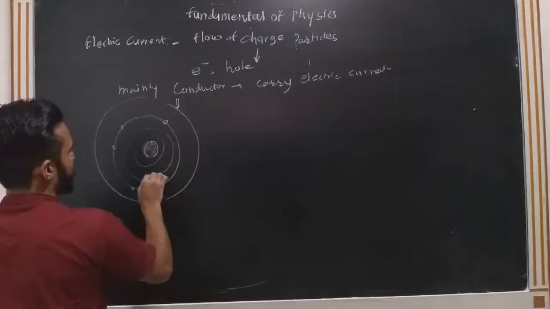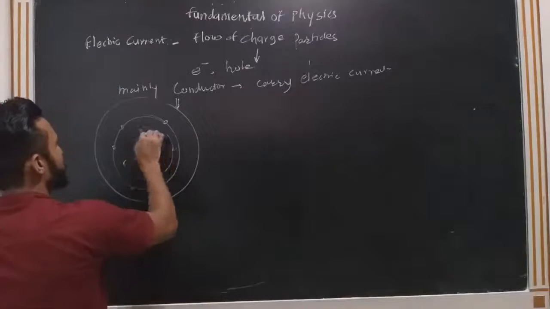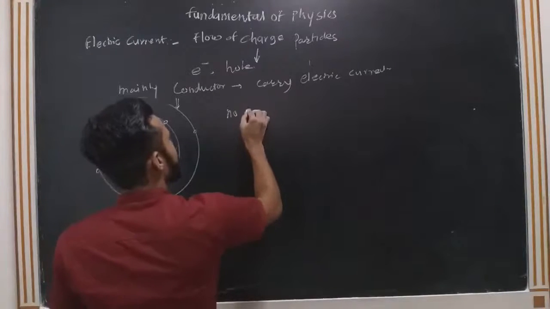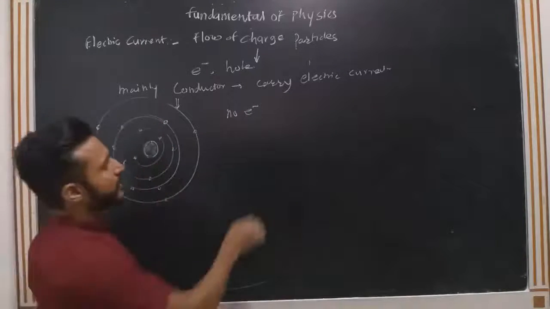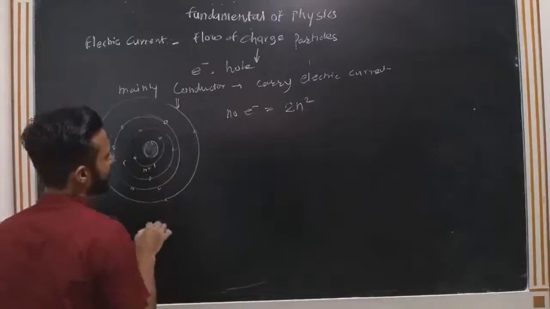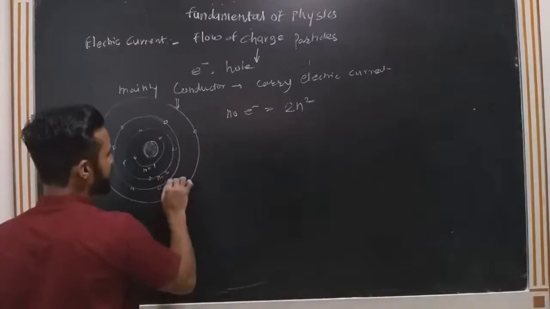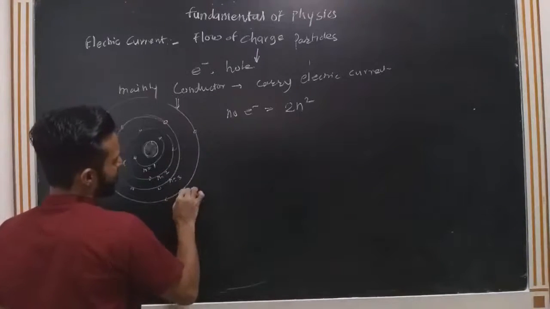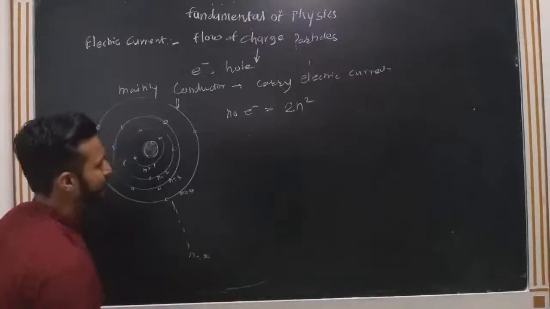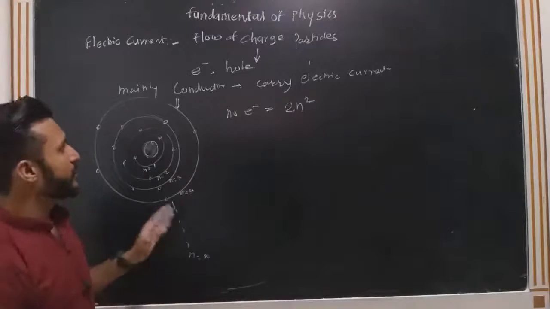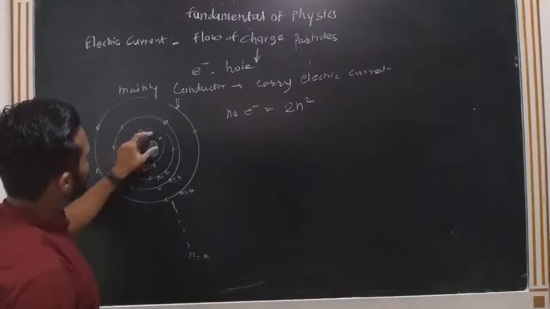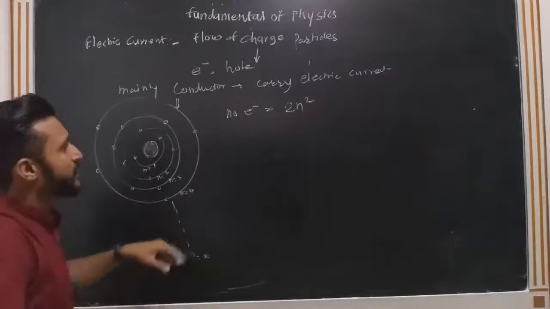The number of electrons in each shell can be derived by 2n square, where n is equal to 1 for the first shell, first orbit, n is equal to 2 for the second orbit, n is equal to 3, n is equal to 4, and so on up to an infinite number of atomic shells in each atom.